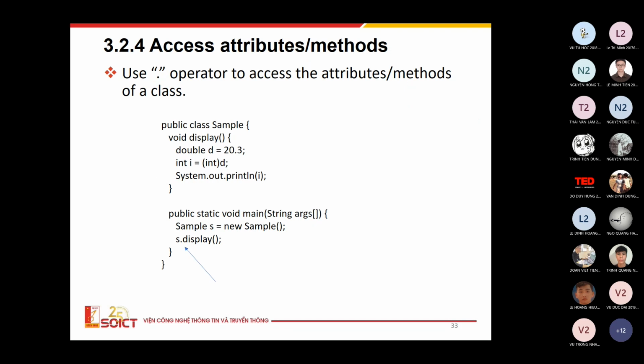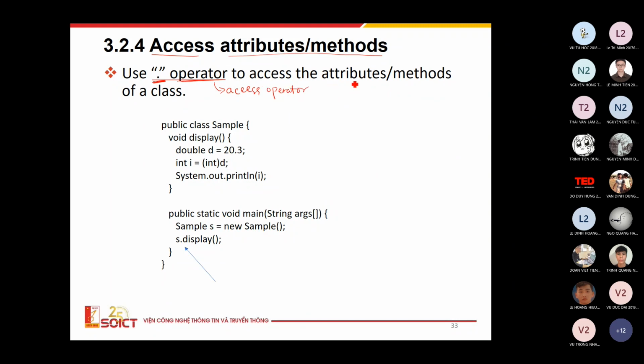Okay. So we talk about how you can access the attribute and method in one class. This is a little early to say about it, but maybe you can see in the example we present on this slide that you can use the point operator, or you can call it the access operator.